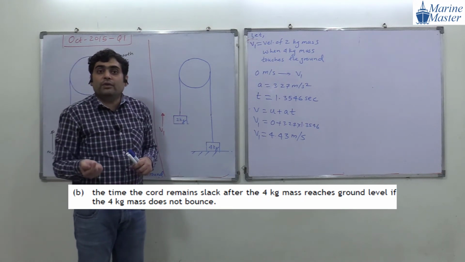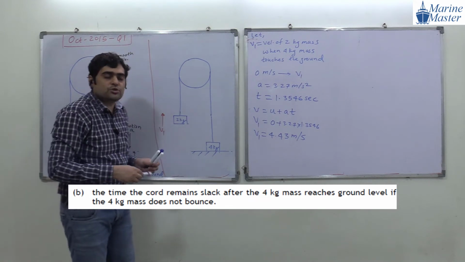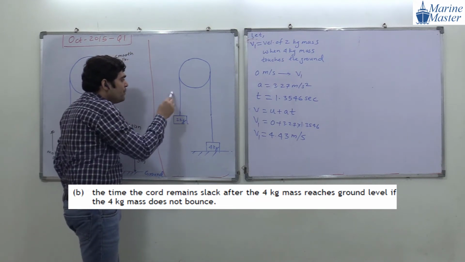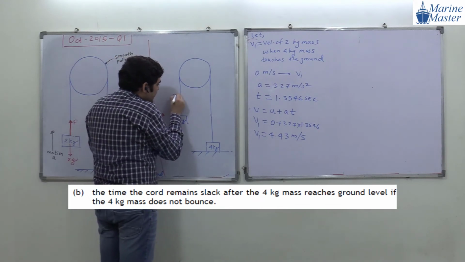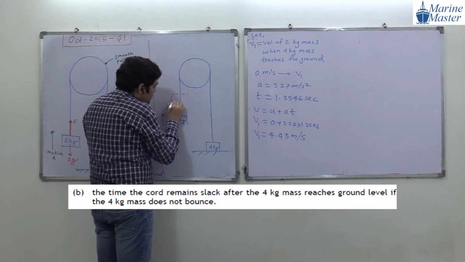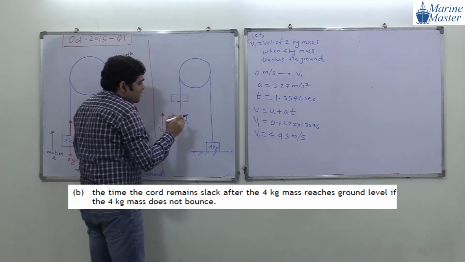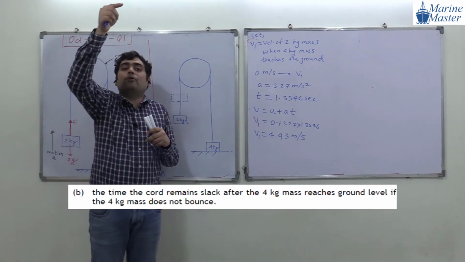It will try to move the 2 kg mass upward, till its velocity becomes 0. And once its velocity becomes 0, again it falls down.